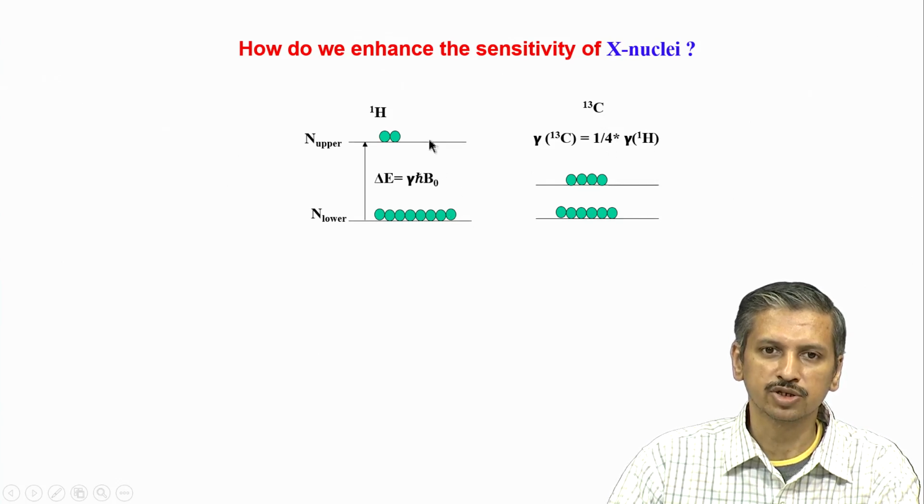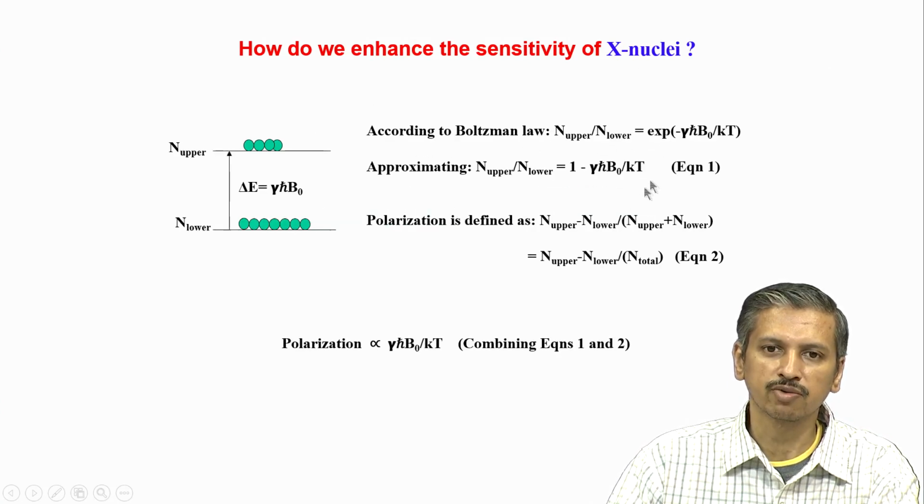Pictorially, this is only a schematic, you can see the population difference between the two, that is n lower minus n upper. In this case it is shown as 8 for the proton, and for carbon it will be 1/4 of 8. If I go back one slide here, you can see that this number, n upper minus n lower, the difference, that is the polarization, is directly proportional to gamma.